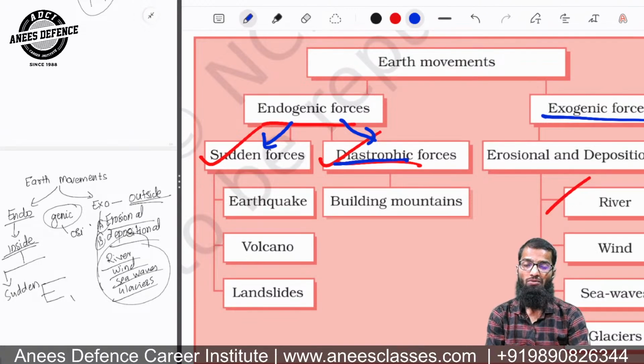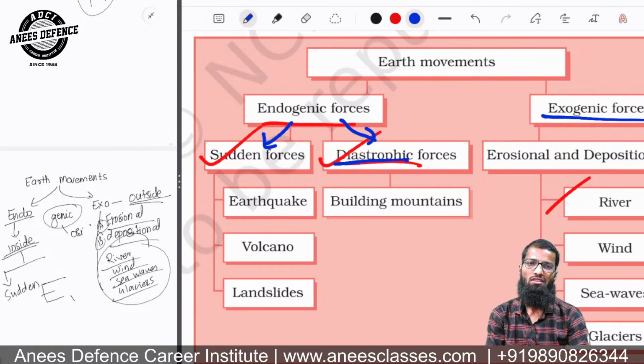The sudden forces have examples like earthquake, volcano, and landslides. These are three basic types of sudden forces. Diastrophic forces can be called the mountain building forces. And exogenic forces are of two types: erosional and depositional.